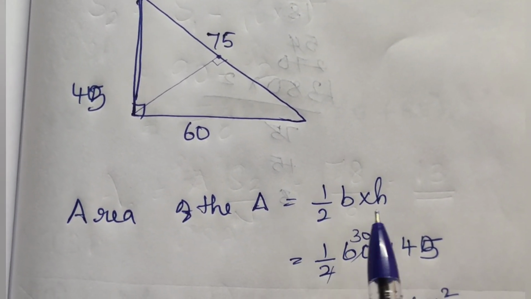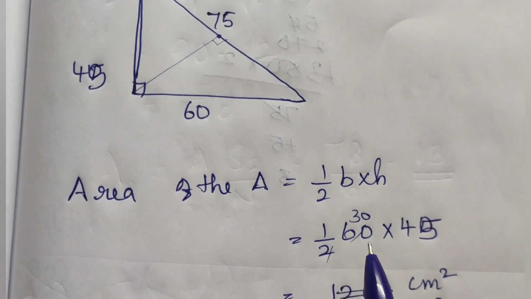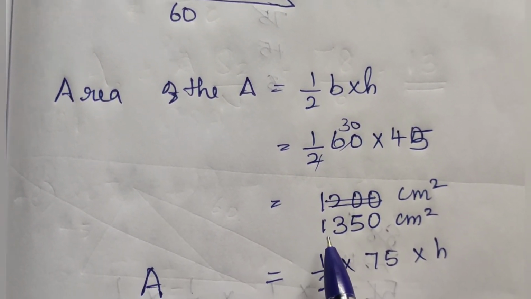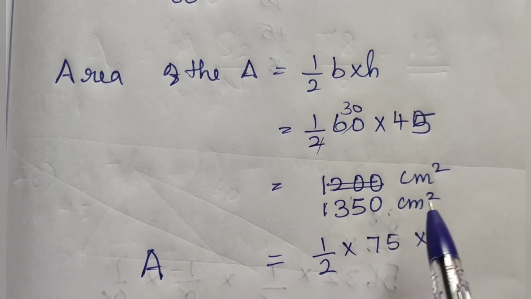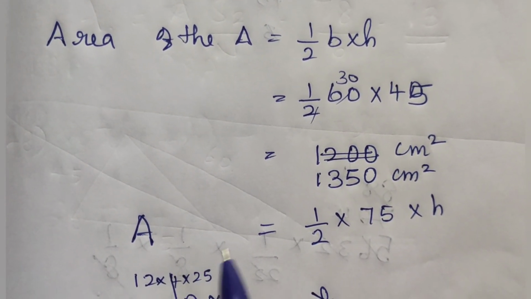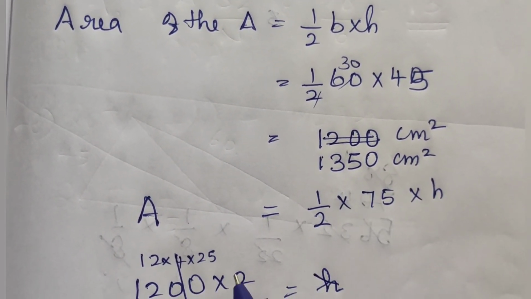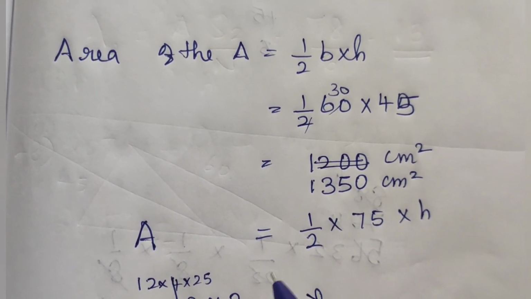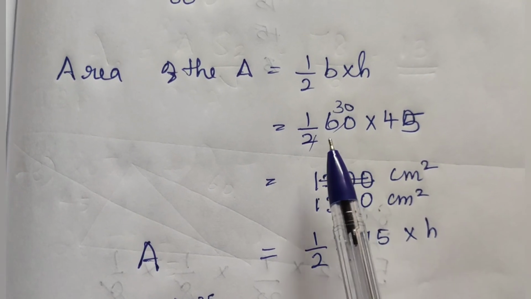Area of the triangle is equal to half base into height. Half into 60 into 45, so I get the area of the triangle as 1350 centimeter square.